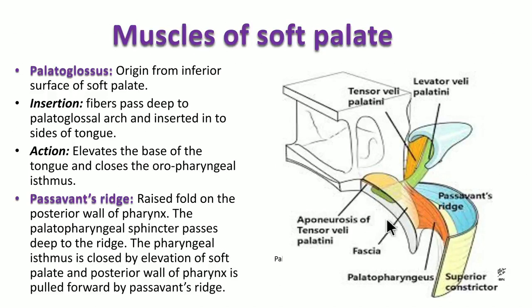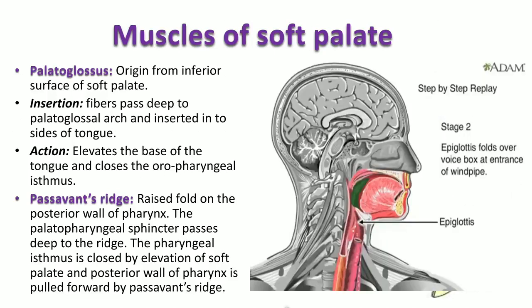So they form a U-shaped muscular sling. When the palate is tensed through the tensor veli palatini, it is stretched. It will also raise a fold on the posterior wall of the pharynx to approximate the soft palate, and that is called the Passavant's ridge. Okay, so now we will try to see here, that is the Passavant's ridge.